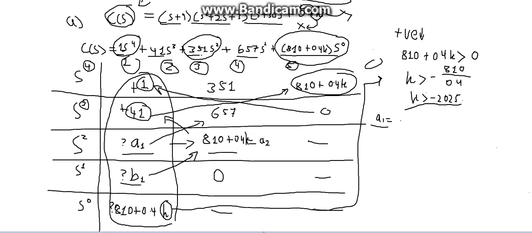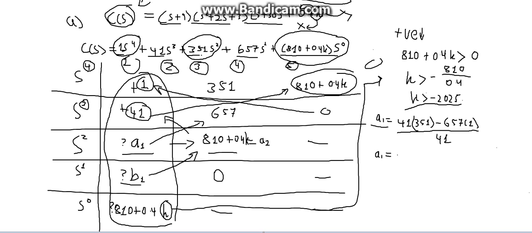So A1 is 41 times 351 subtracts 657 multiplied by 1. If you didn't understand why I did this, please check back in the video to see what I'm actually doing.